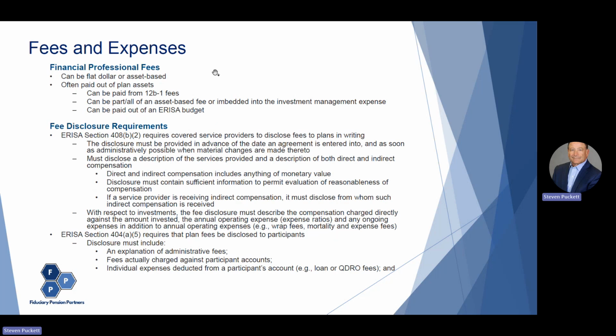Again, financial professional fees can be paid as a flat dollar, can be asset-based, or can be both. Many organizations use a minimum of $3,000 a year, or 50 basis points, etc. Financial professional fees can be paid out of plan assets, can be paid out of 12B1s, can be paid as a wrap charge or an asset-based charge, and also can be paid out of an ERISA budget.